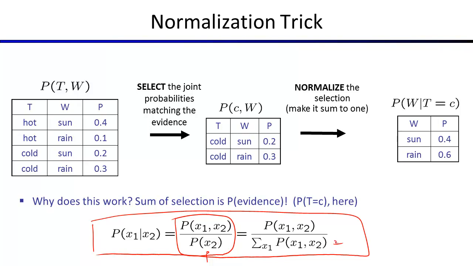This thing here is the normalization constant. And the thing on top corresponds to selecting those rows from your original table. Those are those entries.